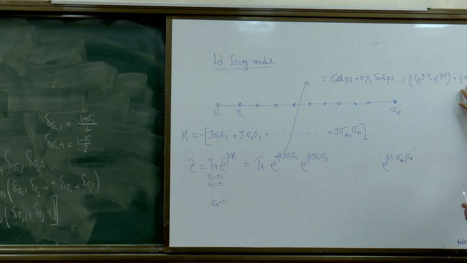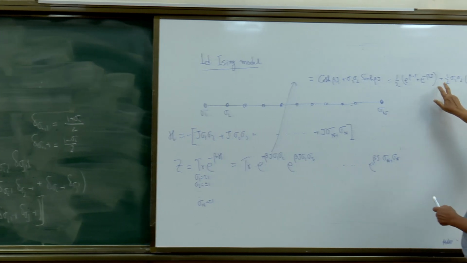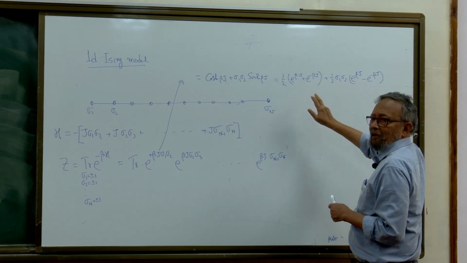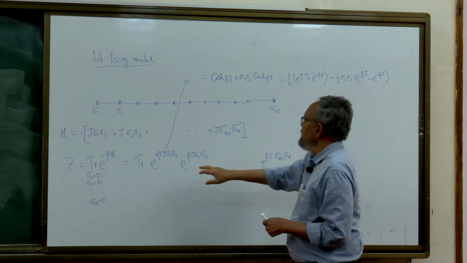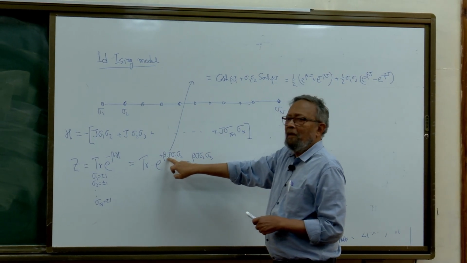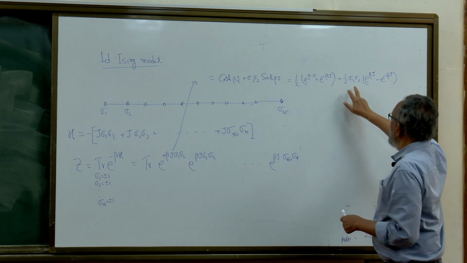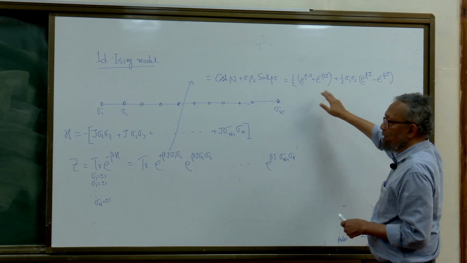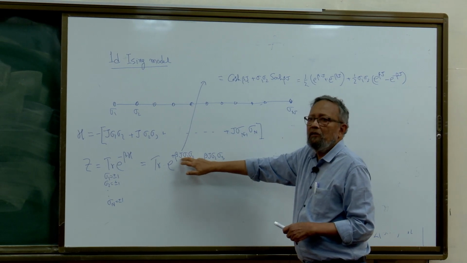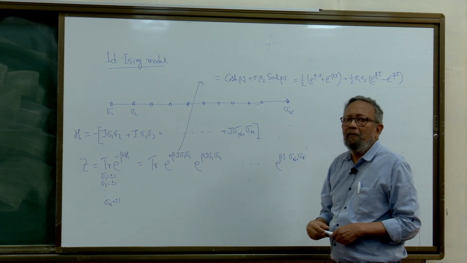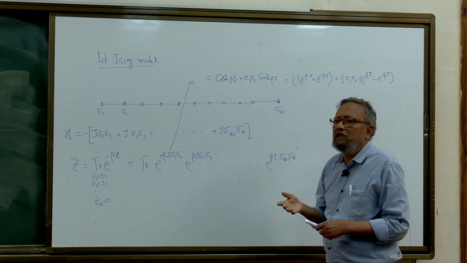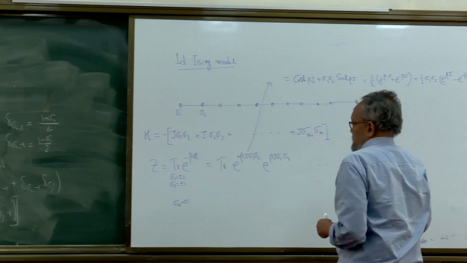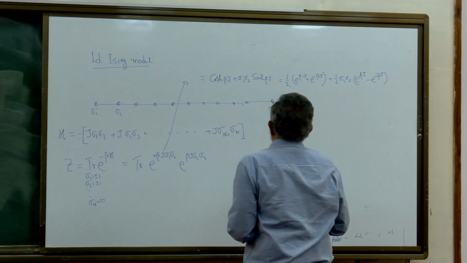Now, if sigma 1 sigma 2 is plus 1, then these two add together and these two cancel each other, so we just get e to the beta J. If sigma 1 sigma 2 is negative, then the first term cancels out and you get the second term, which is e to the minus beta J, which is exactly what you have over there. So this is just a different way of writing things, but this helps, as we'll see.